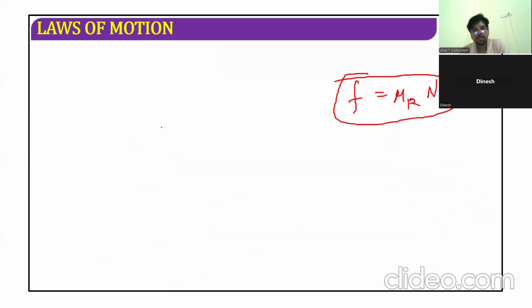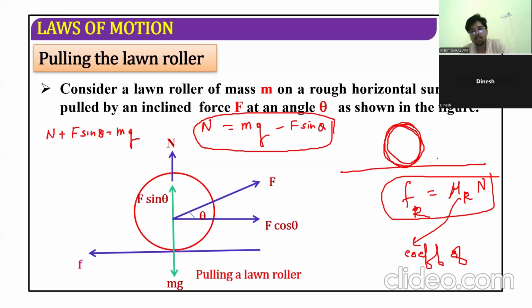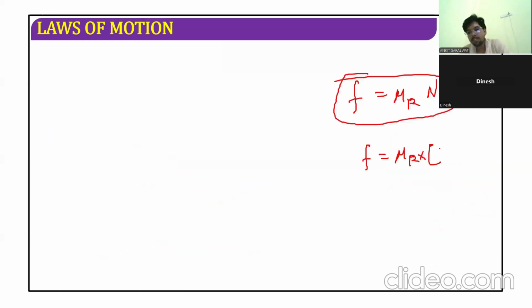Then if you ask what is the rolling friction f, it will be mu r into N, where N is mg minus F sin theta. So f is mu r times (mg minus F sin theta).